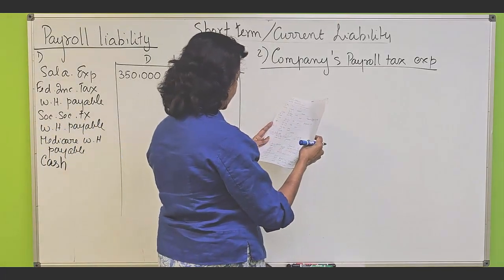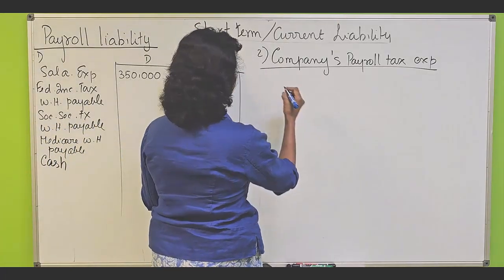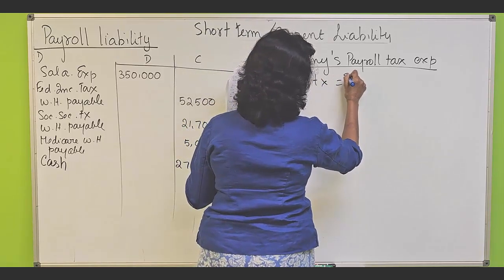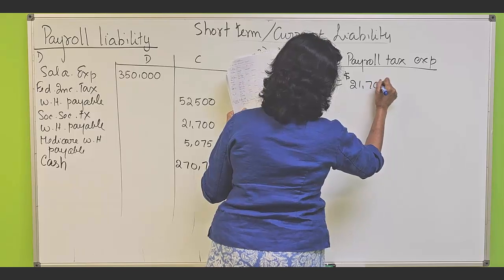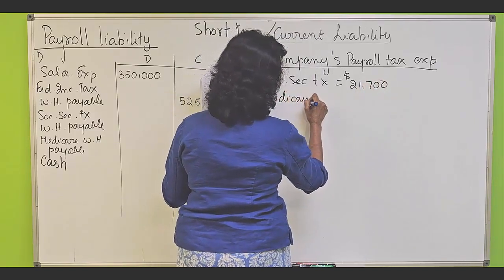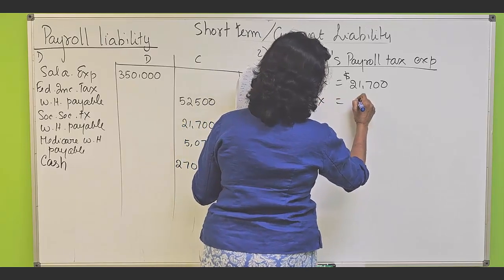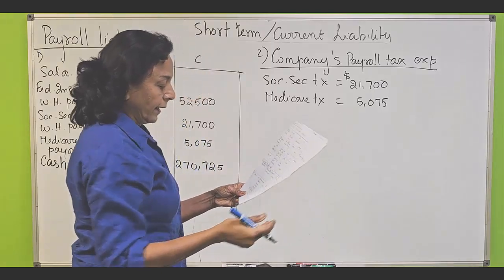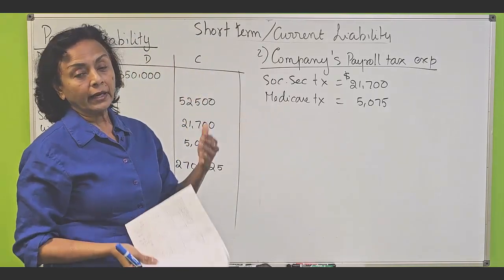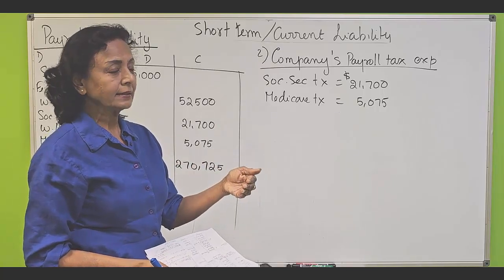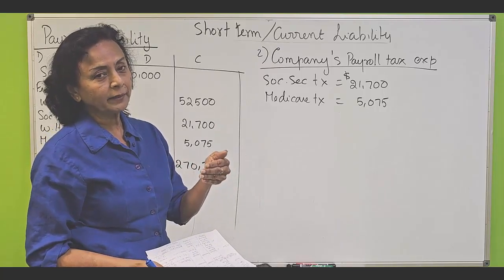So here, for the company, the payroll tax for the Social Security tax would be the same 21,700, and the Medicare tax will be 5,075, and then the company also has some other payroll taxes called unemployment tax.